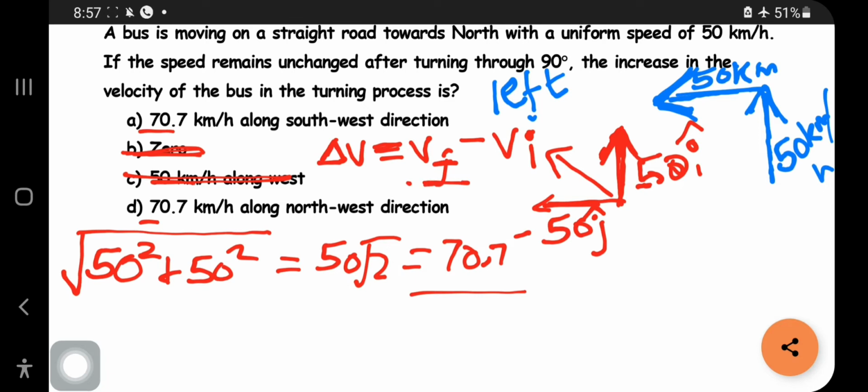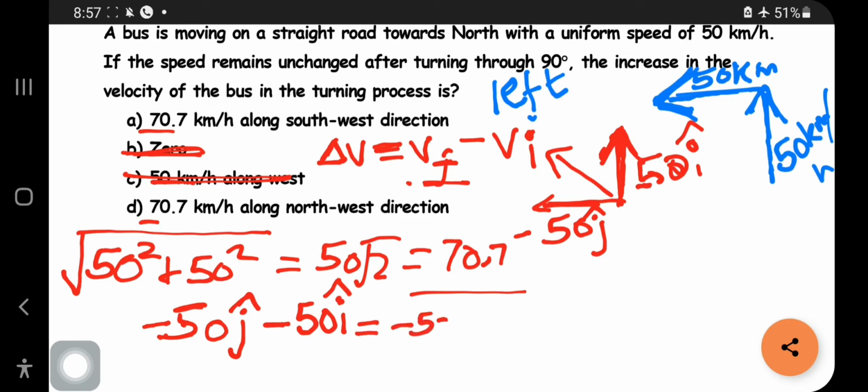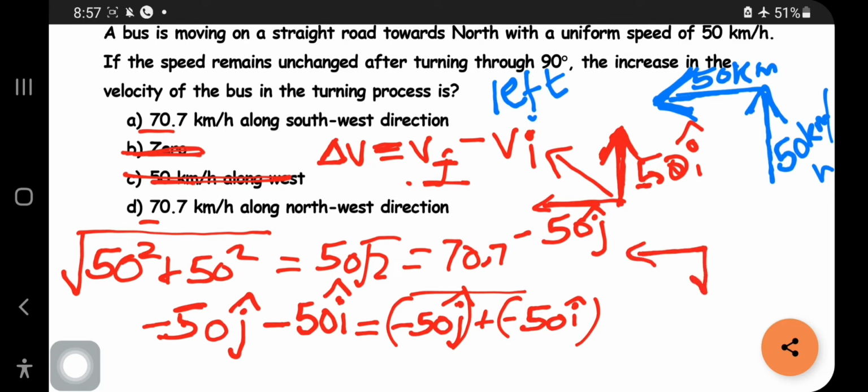V final is minus 50 j cap, and V initial is minus 50 i cap, so delta V can be written as minus 50 j cap plus minus 50 i cap, correct or not? So it can be written in vector form as minus 50 j cap minus 50 i cap.